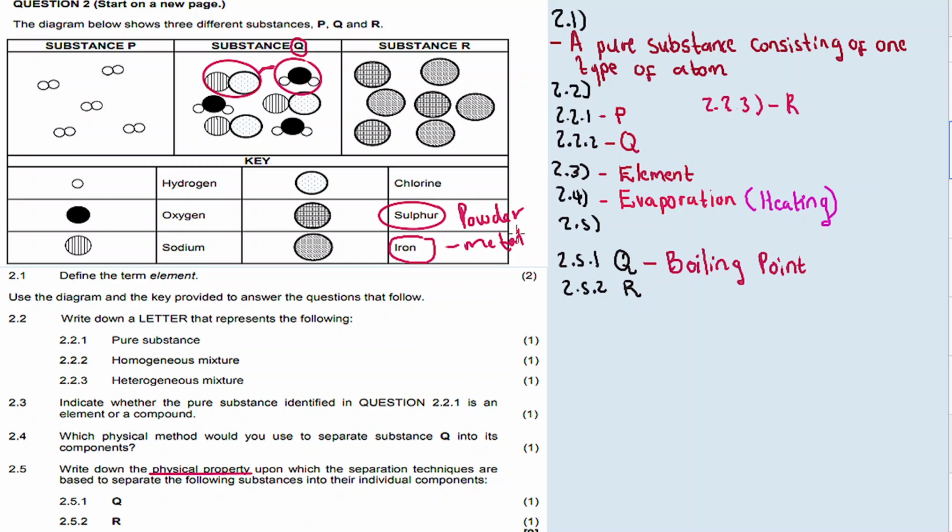So this one is straightforward again. How do you separate a powder and a metal? Okay, the fastest way for separating a powder and a metal, and bear in mind, the iron now exists as maybe iron filings.